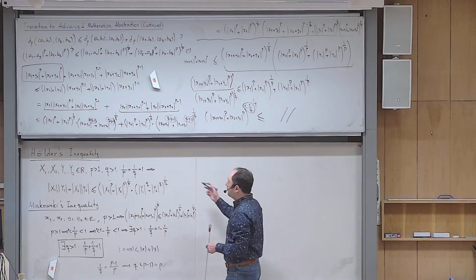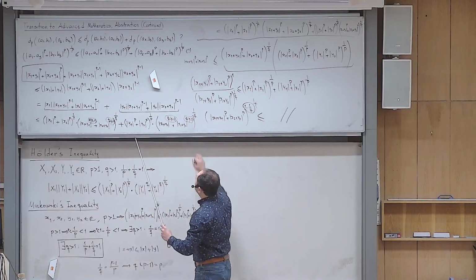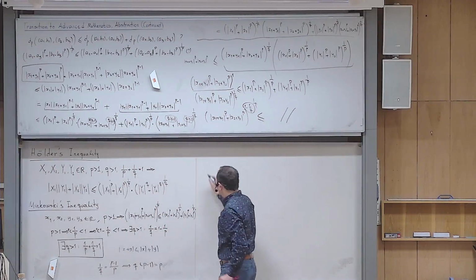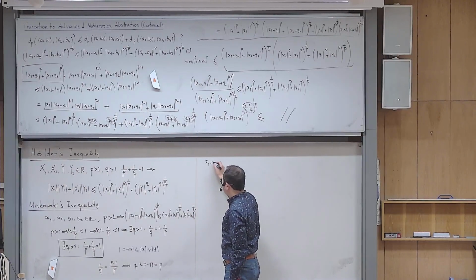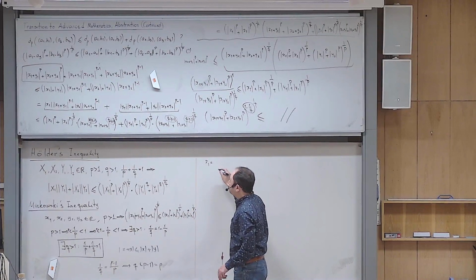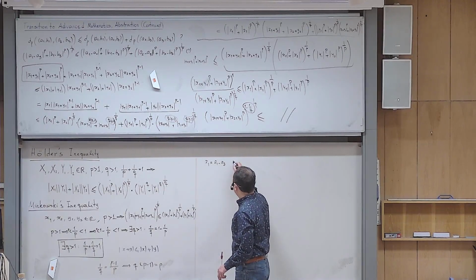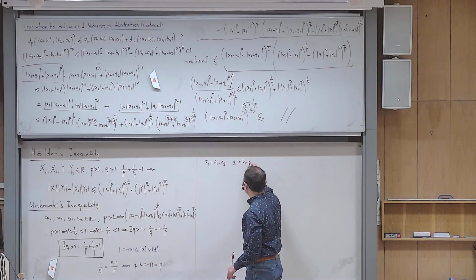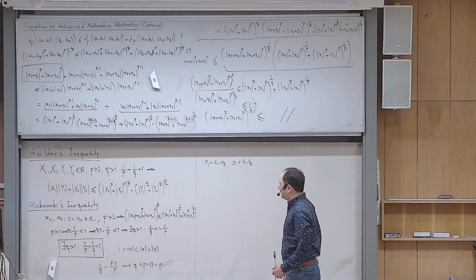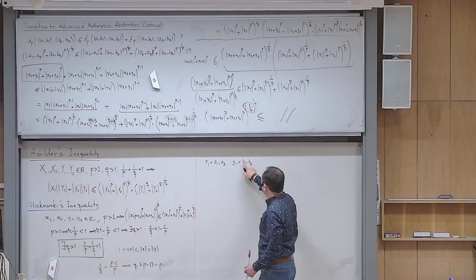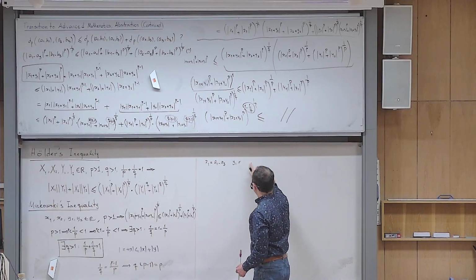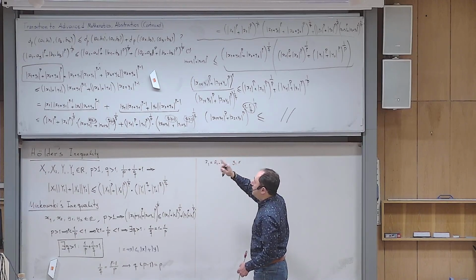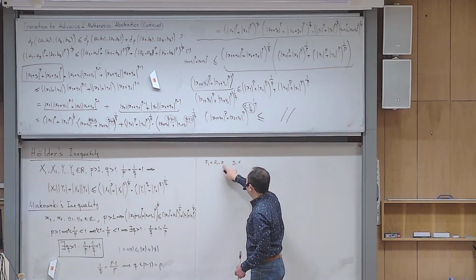So what I will do is introduce in the Minkowski inequality that you see here, let x1 be a1 minus a3, and y1 be b1 minus b3. No, sorry, I want to have a1 minus a3, so let me write it like this.